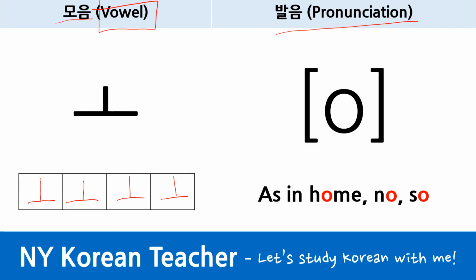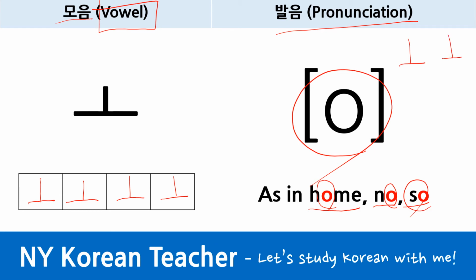Pronunciation of this letter, O, as in home, no, so. Okay, 따라 하세요. 오, 오, 오, 오.